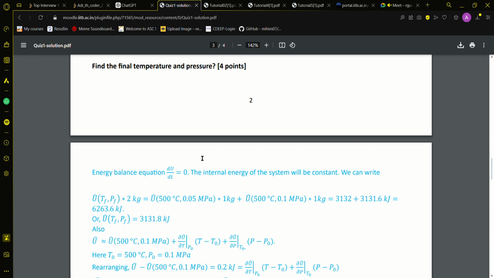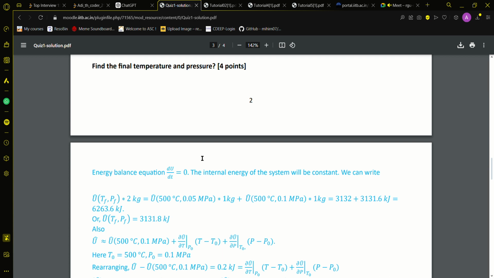as we concluded that du by dt is equal to 0, we can do an energy balance on the internal energies. So that would be u cap at Tf, Pf times 2, that is 2 kg of steam, is equal to u cap at 500 and 0.05 into 1 plus u cap at 500 comma 0.1 megapascal into 1.